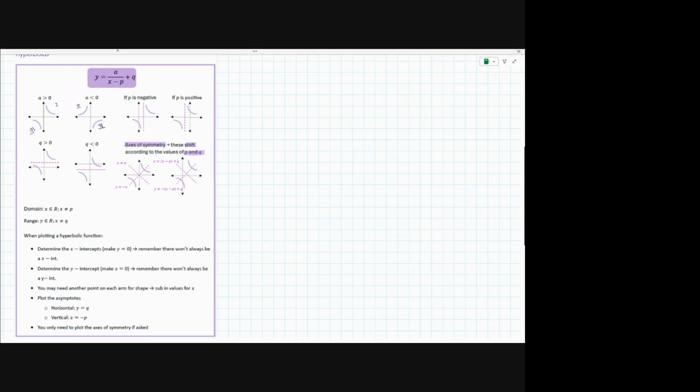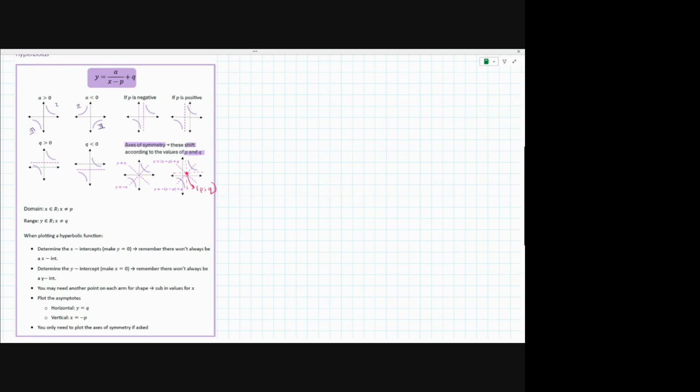Another really important point to remember is that your axis of symmetry will always pass through the point of intersection between your asymptotes. If you have a look at this graph here on the right, those axes of symmetry pass through where your asymptotes are. So at (p, q), you find a coordinate on your axes of symmetry. That's really useful because you can then substitute in that point and get the equations of your axes of symmetry.